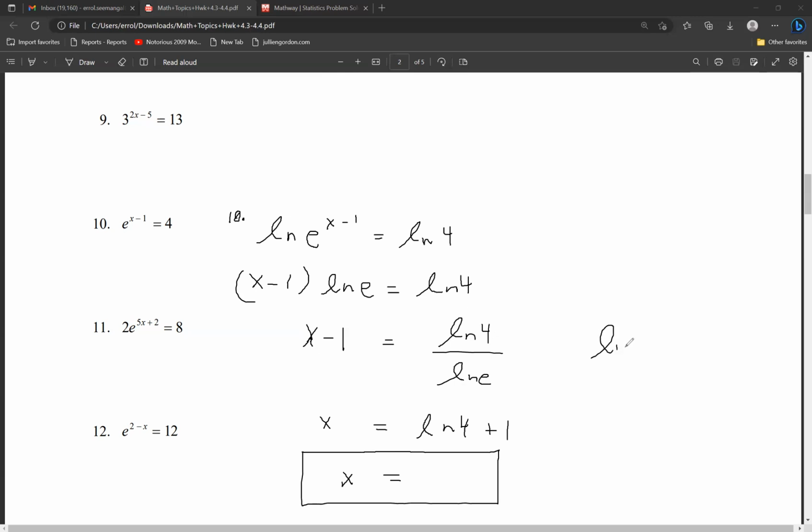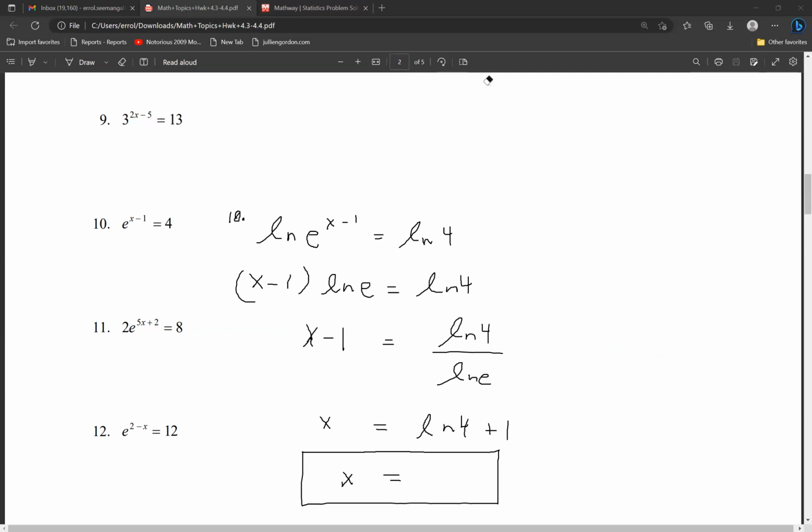I think ln e equals 1. So this part right here equals 1. Check on your calculator, ln e, I think that's 1. It doesn't let me do that. I either have to do ln or e by itself. I can't put it together.